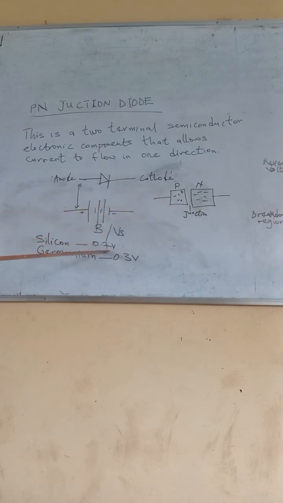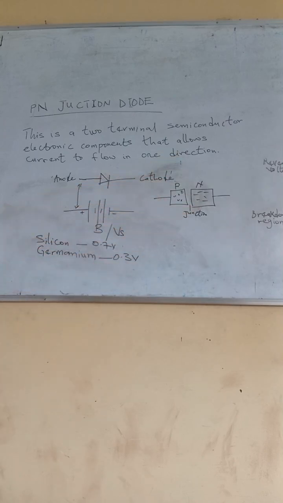We call it the forward voltage. The silicon PN junction diode will start conduction at 0.7 volt. But if germanium is used to construct the PN junction diode, conduction will start at 0.3 volt. The forward voltage, the voltage at which the diode will start to conduct, will be 0.3 volt.